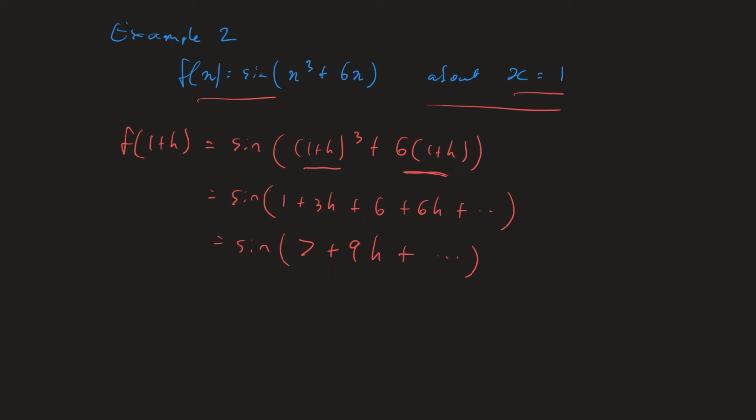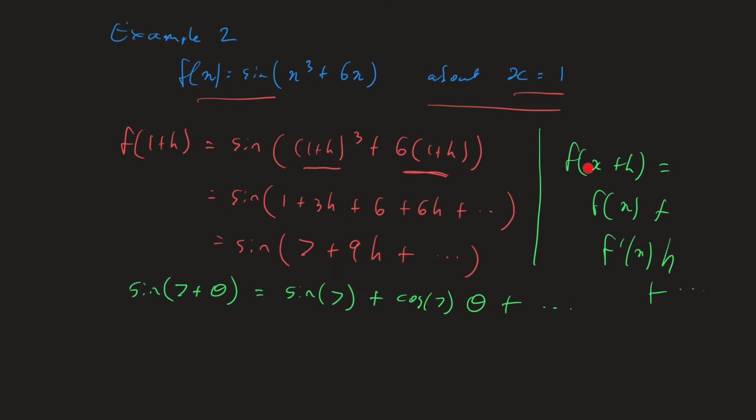We can do this by actually remembering the formula for a Taylor series in terms of the derivative. The Taylor series of a function at x perturbed by h is equal to, the constant term is f of x, the first order term, the constant, is the derivative of f at x times h plus higher order terms.